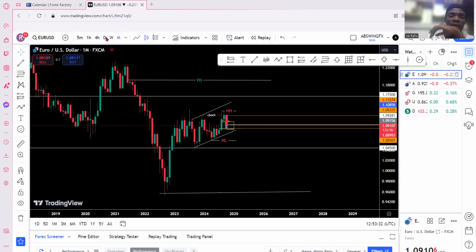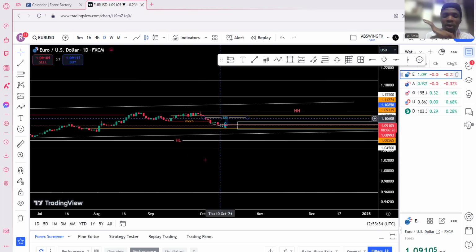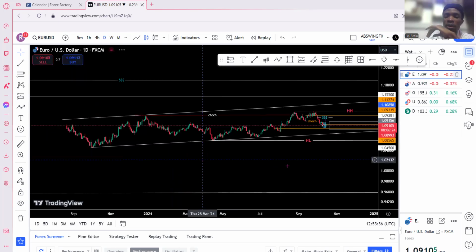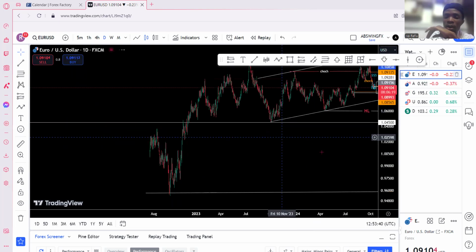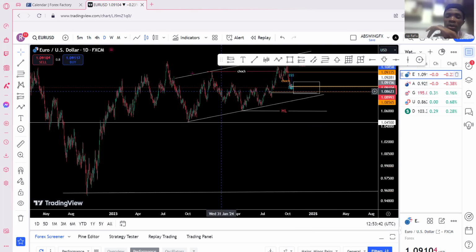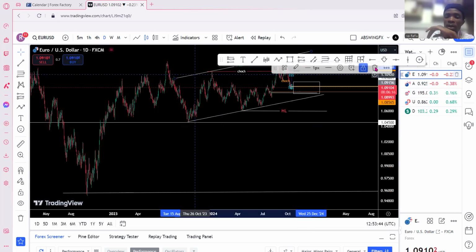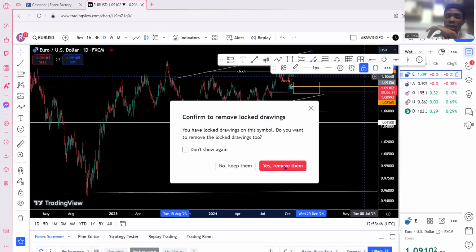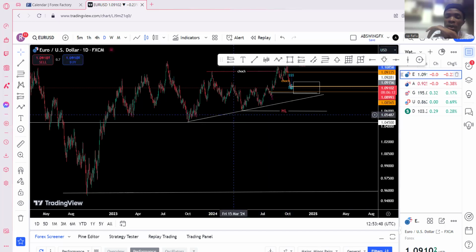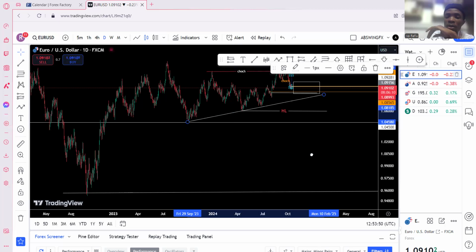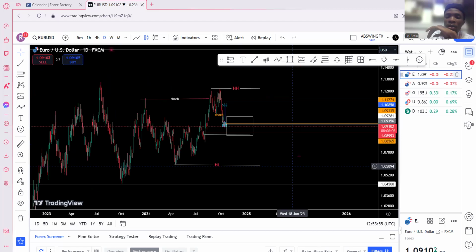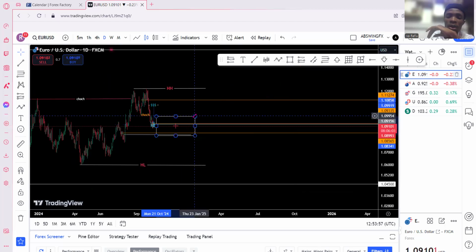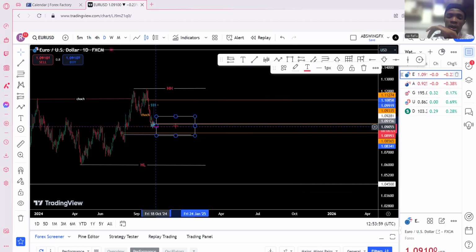Now we have the day time frame. I'll be removing a lot of stuff here to make it simple. Before now, I told you this box is one of the most important areas.